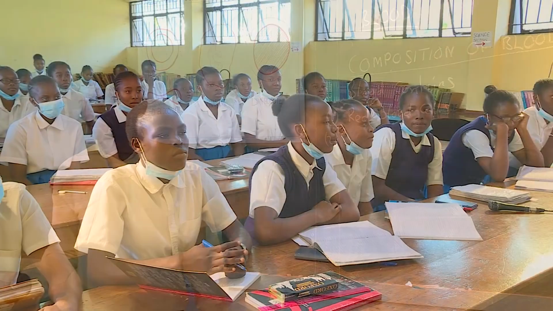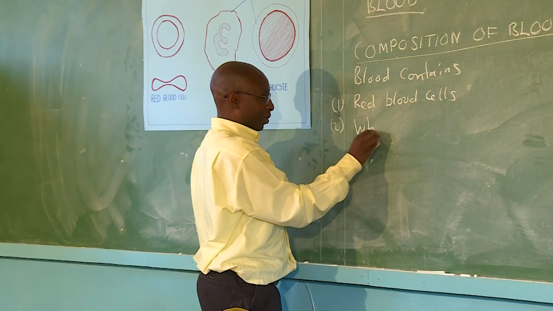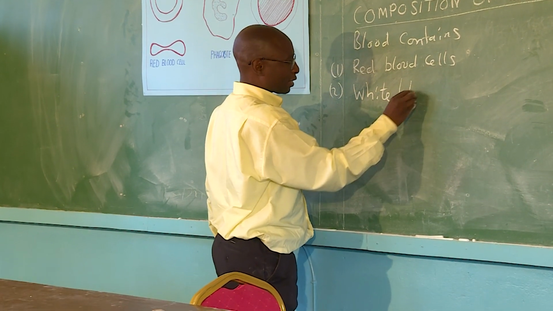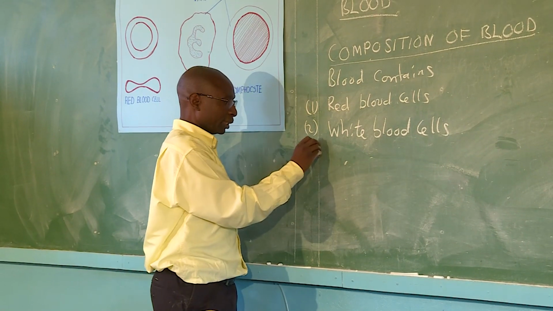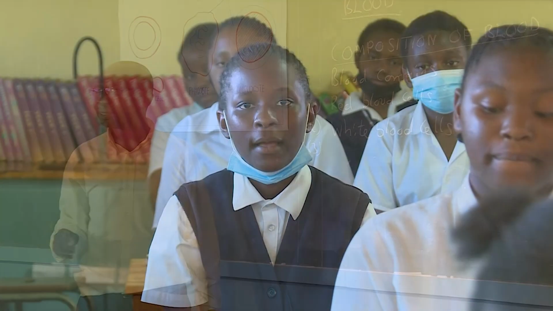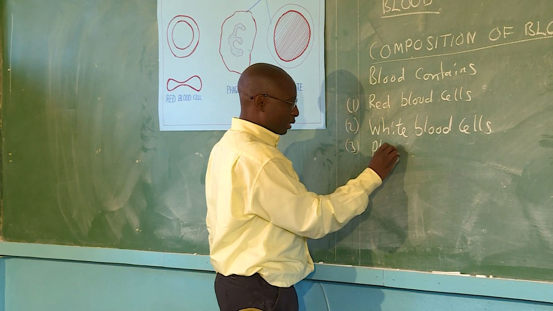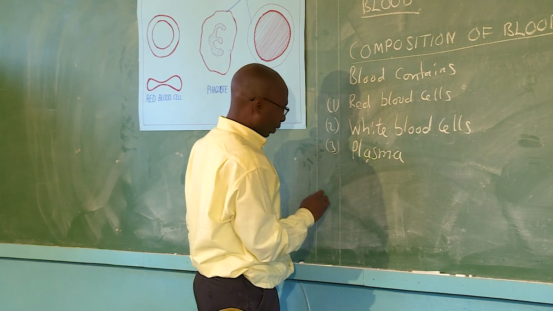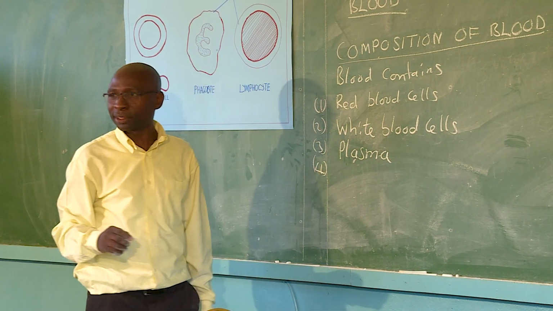Yes, Gertrude? The white blood cells. Okay, white blood cells. The other one? Plasma. It contains plasma. Do we have other things contained in blood?